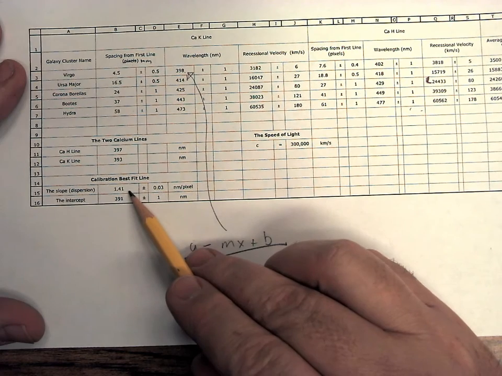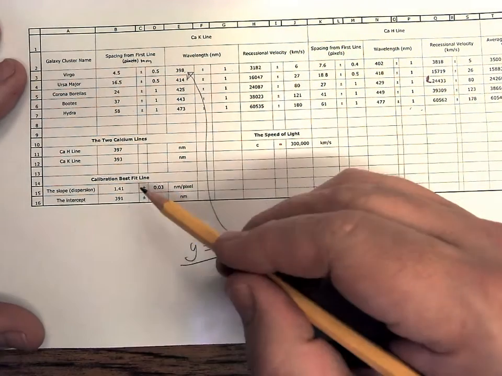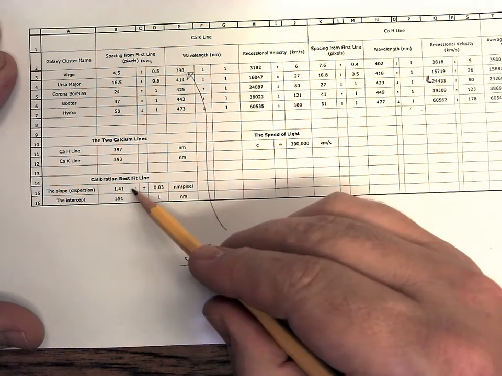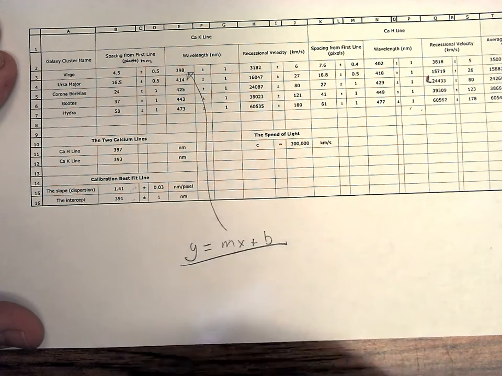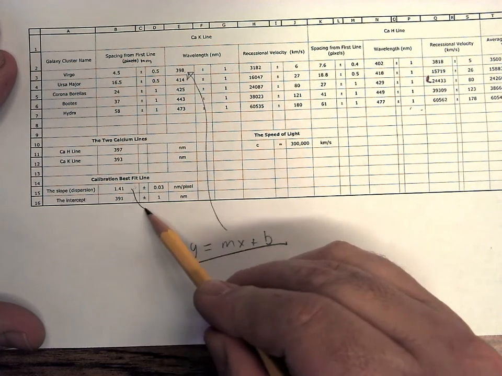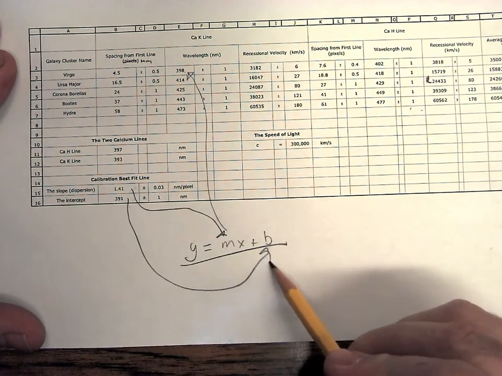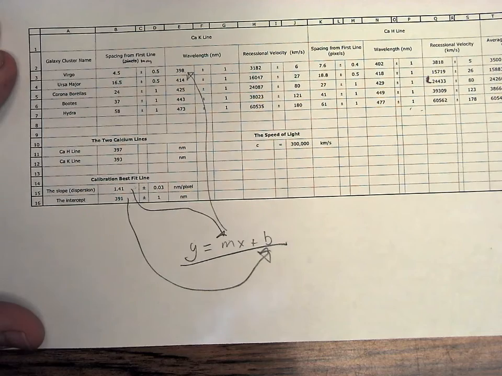So you can see I copied over for you, and you can double check that it's right, the slope and the intercept from the page before. It's good practice when you use numbers from the page before to copy them over so it's clear. Now if you take this and put it there, and you take this and put it there, you should be able to find this just fine.